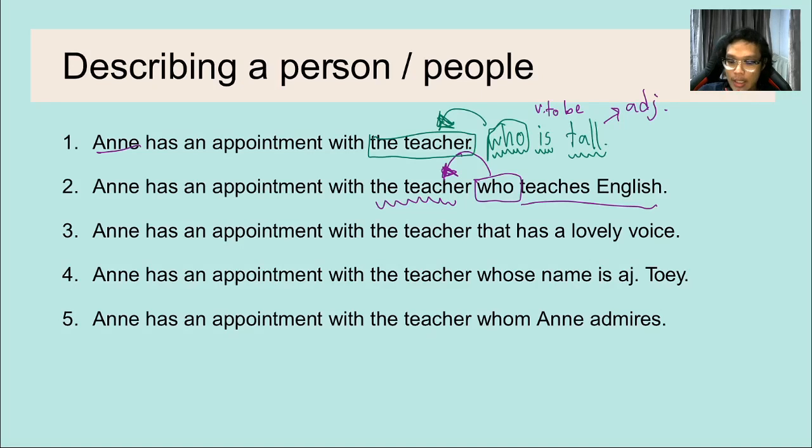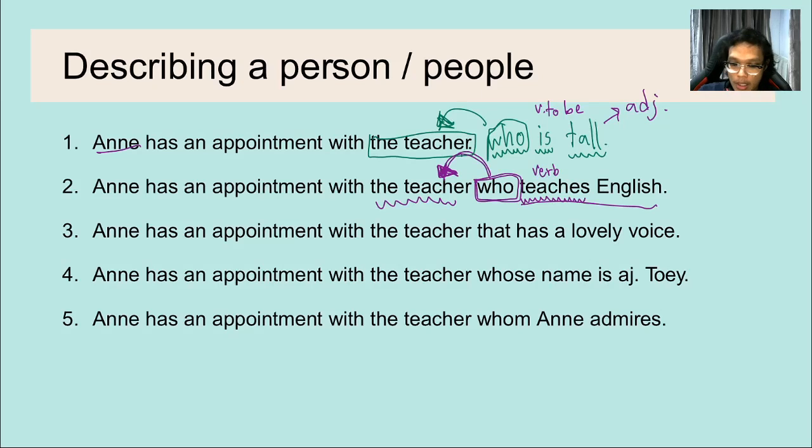You can see the word teaches, right? Teaches is an action verb that shows that someone does something or is doing something. So you can just use the WH word which describes the word in front, and then a verb.